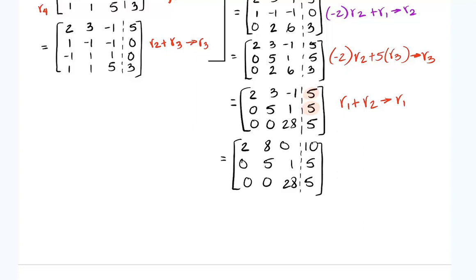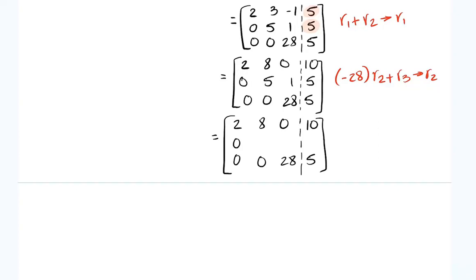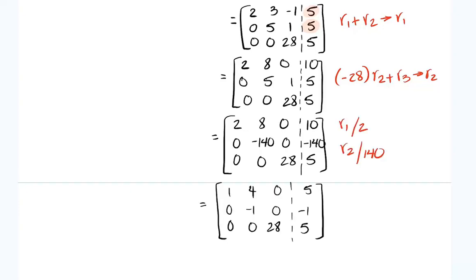Now we are going to multiply row 2 by -28 and add it to row 3, and that will give us a new row 2. And we get 0, -140, 0, and -140. Now we're going to divide row 1 by 2 and row 2 by 140 to simplify them.